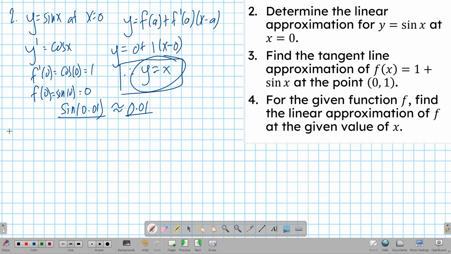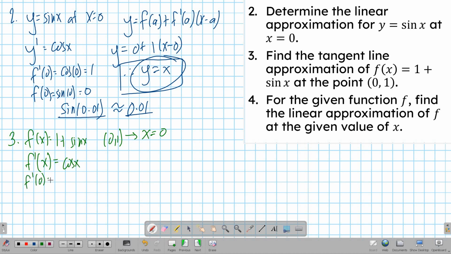And our third example, in number 3, we're asked to do the same tangent line approximation for f of x is equal to 1 plus sine x at the point 0, 1. As we know, at the point 0, 1, x is equal to 0. Quite similar to what we have above, we still have the same derivative, f prime of x is equal to cosine x.